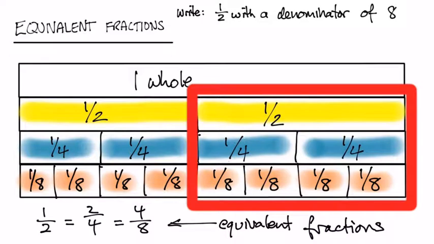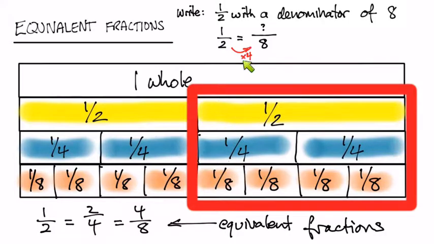You might get some questions asking you to work with equivalent fractions. So something like this: write 1/2 with a denominator of 8. So in other words, write the fraction a half with 8 on the bottom. Okay, so we're looking for an equivalent fraction that is something over 8. What did I do to get from 2 to 8?